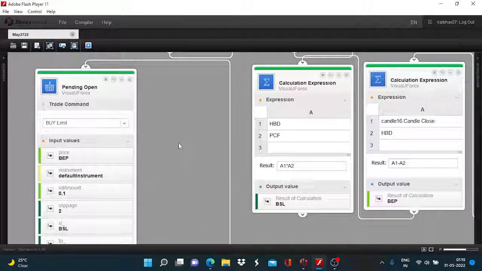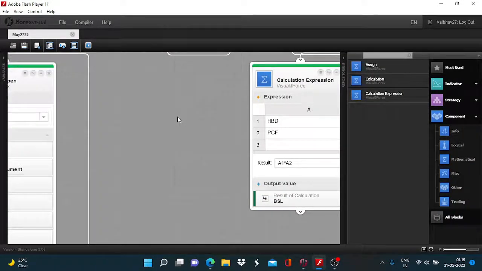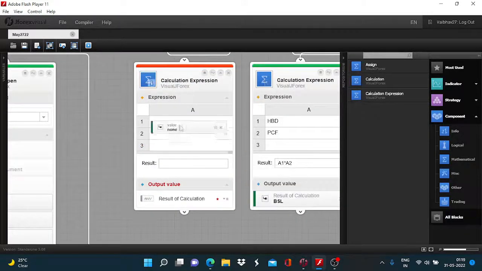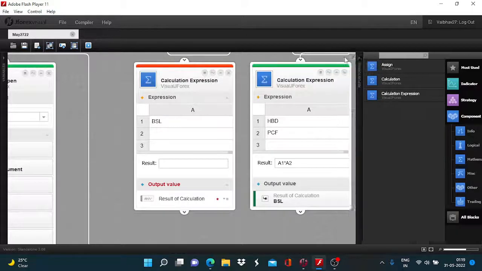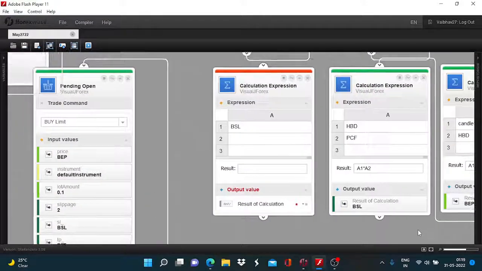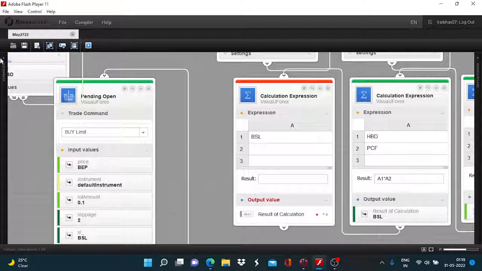Alright, then we multiply it with 2 and get the take profit parameter. So it goes as the A1 output, A input, and DF will be the multiplying factor. DF is having the value of 2.